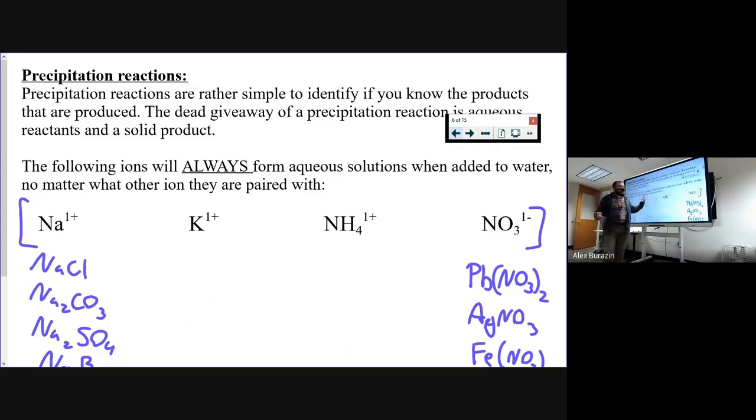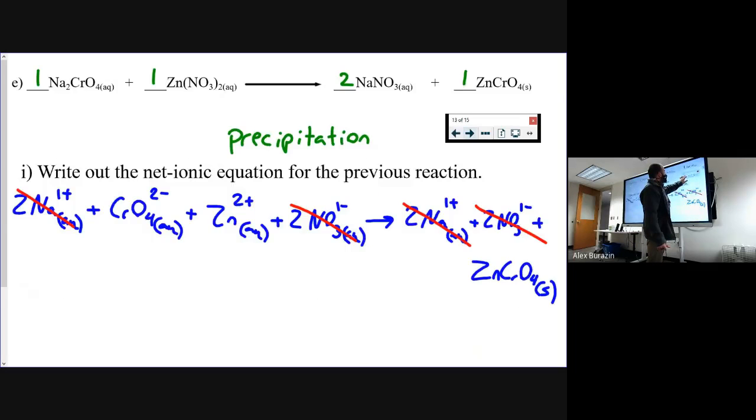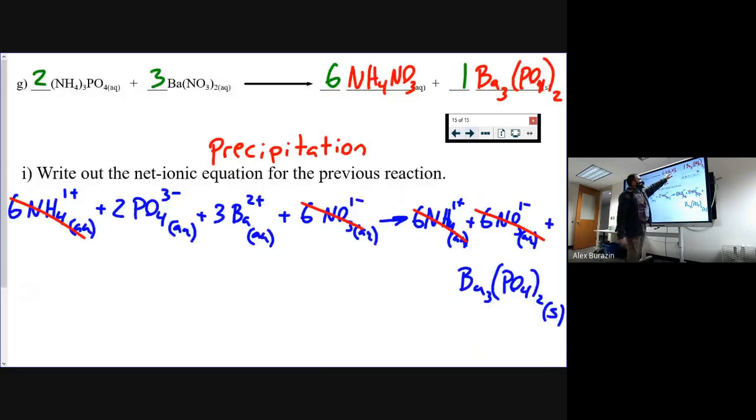If you see something with one of these 4 ions, it's aqueous, guaranteed. It doesn't matter what it's with, it will be aqueous. So in this case, we have 2 of them. This is aqueous no matter what, that's aqueous no matter what, and if they're together, well then it's extra aqueous no matter what. It has to be, which implies that the other one is our precipitate.